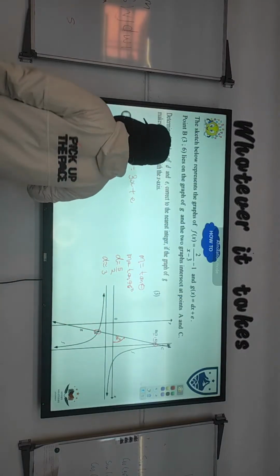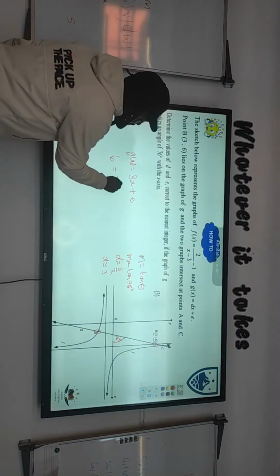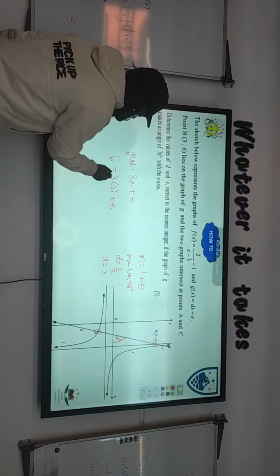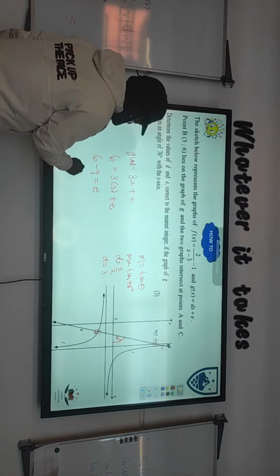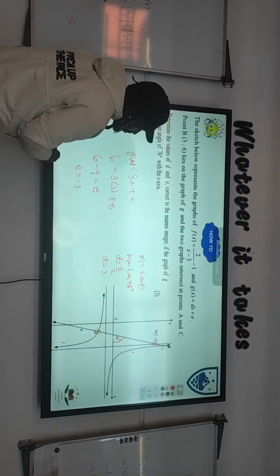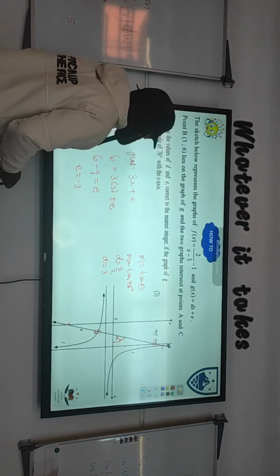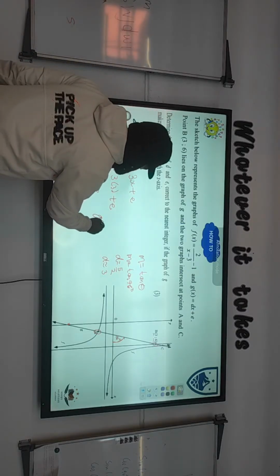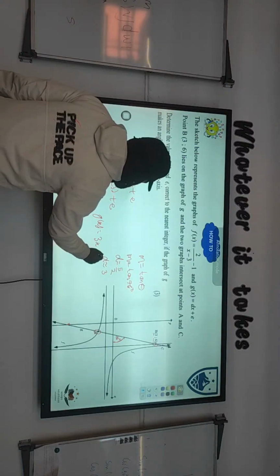So g of x represents y, so I have 6 equals 3 multiplied by 3 plus e, then this is 9. So we have 6 minus 9 equals e, and then my e will simply be -3, which makes sense because here you can see it is passing there at a negative value. So my g of x is equal to 3x minus 3.